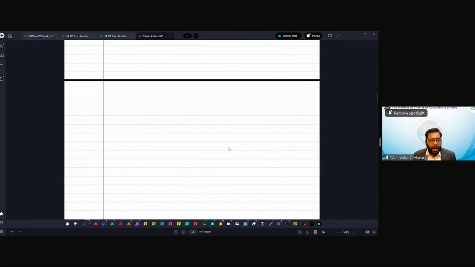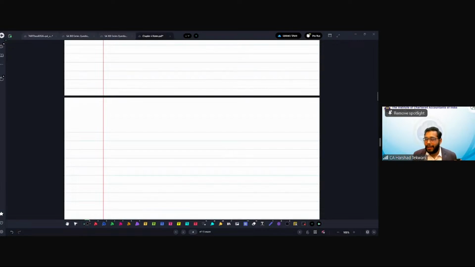So now we will do a deep dive of SA 315, the standard which talks about identifying and assessing the risk of material misstatement through understanding the entity and its environment. This standard is a very important one.